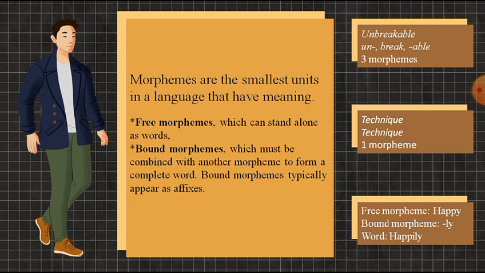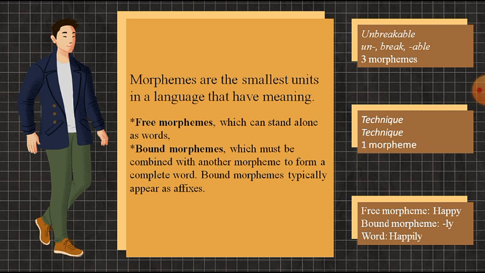Well, free morphemes can stand alone as words, and bound morphemes cannot stand alone; they must be combined with another morpheme to form a complete word. Bound morphemes typically appear as affixes. Here I'm going to give you an example of free and bound morphemes.